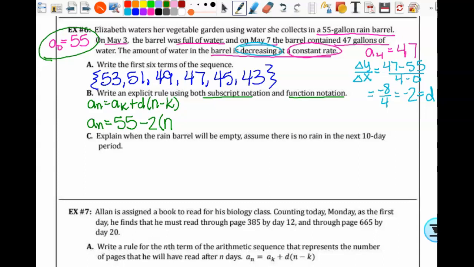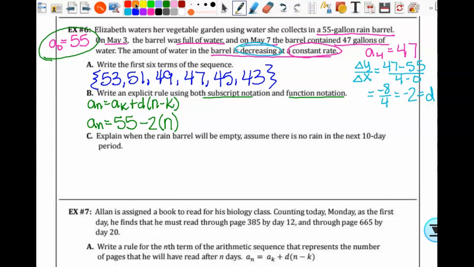No. If I put n minus 0, totally fine. Don't have to. I already opened my parentheses so I can close them. I wouldn't even need the parentheses, but there you go. Didn't I say this is our y-intercept, where we're starting? So this formula should make sense to you. We good on that? Okay, so that's my a sub n. Again, if I had n minus 0, it's fine. If I didn't have parentheses, it's fine. If I have them, it's fine because they're not really doing anything.